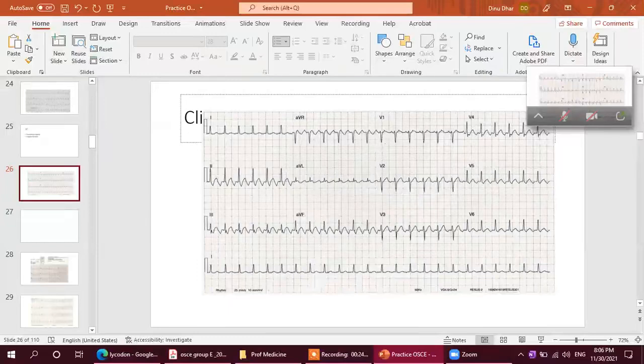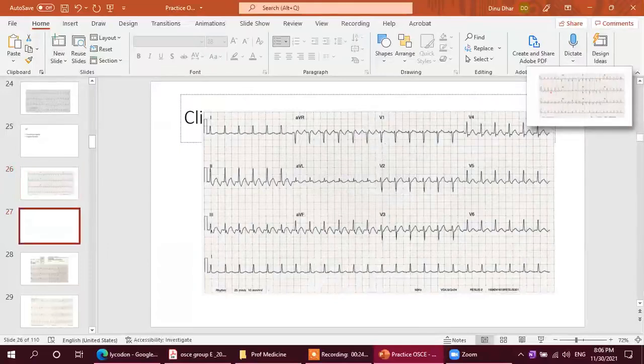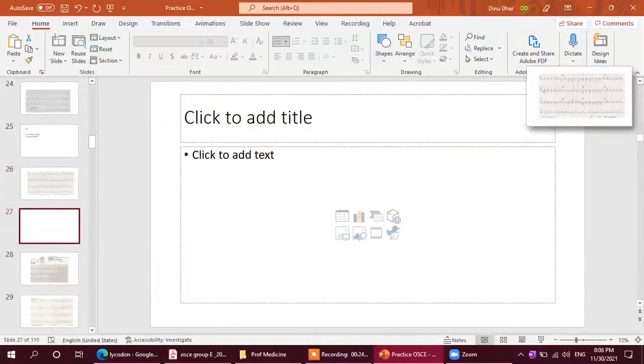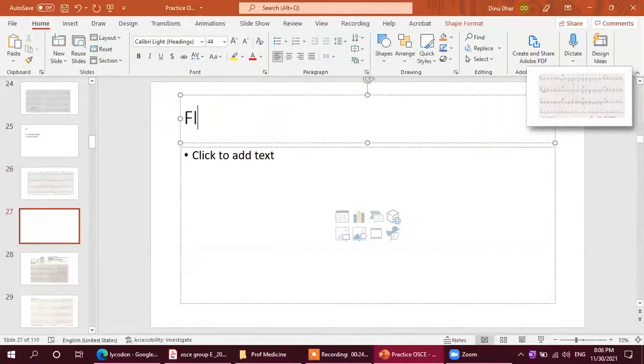Negative P waves. Yeah, negative, but if you look carefully, you can see a sawtooth P wave in 2, 3 and aVF. It's like the edge of a saw, right? So this is actually atrial flutter. And remember, these atrial flutter waves are best seen in the inferior leads usually.